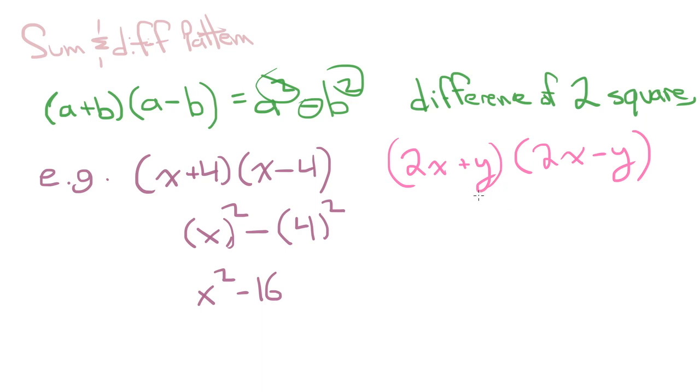So I'm going to square that very first thing. If kids are going to find this a little bit harder, you can do that. And I'm going to subtract the square of the last one, which is a little bit easier. So I'm going to square that. So it becomes 4x squared minus y squared. Kind of like that. How does that look? It's not too bad, right? Not too bad at all.